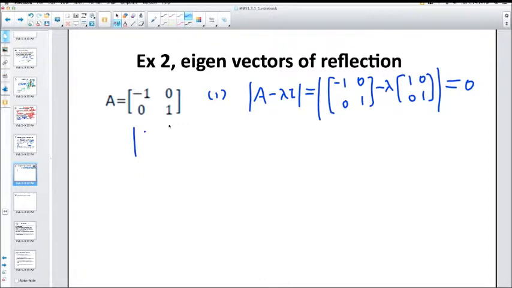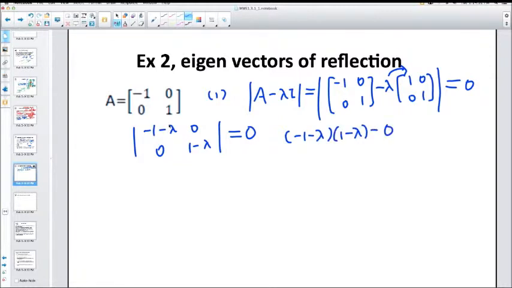That means -1 minus lambda, 0, 0, 1 minus lambda equals 0. You know how to calculate the 2 by 2 determinant. You multiply the main diagonal minus 0 times 0. You get, canceling out the negative, (lambda plus 1)(lambda minus 1) equals 0.